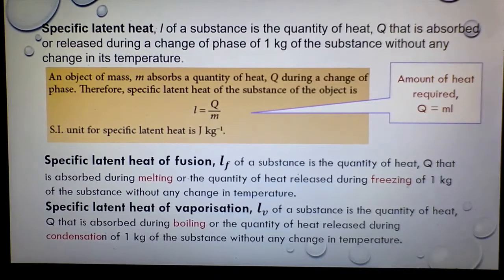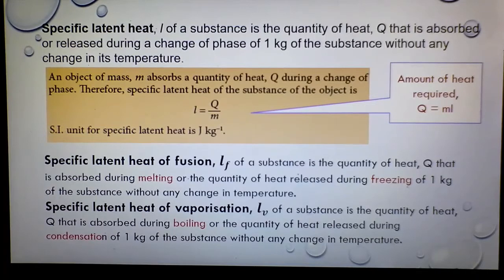Okay, now because we have many processes involved in change of phase, for example melting and freezing, or boiling and condensation, we have a special name given for the latent heat involved. A specific latent heat of fusion, LF, of a substance is the quantity of heat Q that is absorbed during melting, or the quantity of heat released during freezing of 1 kg of substance without any change in temperature.